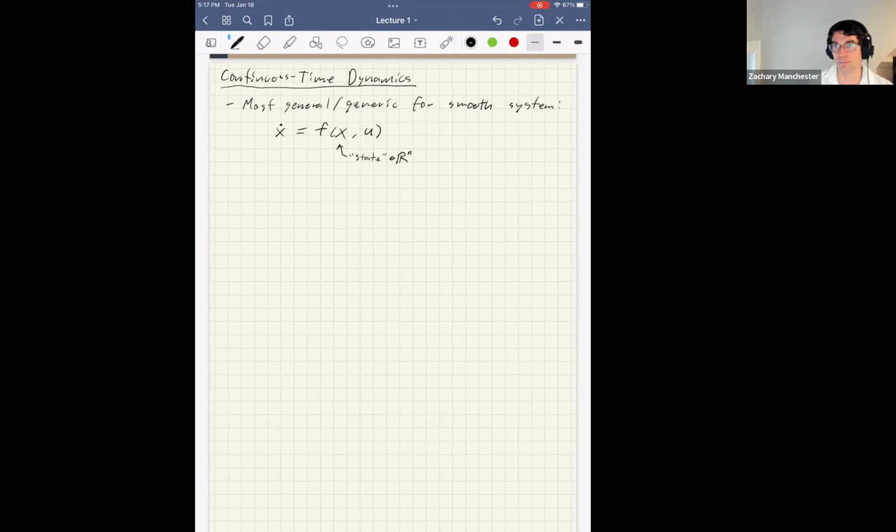So that's positions, velocities, everything you need to describe where your system is and how fast it's going. For most robots, this would be maybe the center of mass position and velocity plus all the joint angles and the joint angle velocities. The u here is called the input, and again this is a vector, usually in a different dimension, so we say R^m.